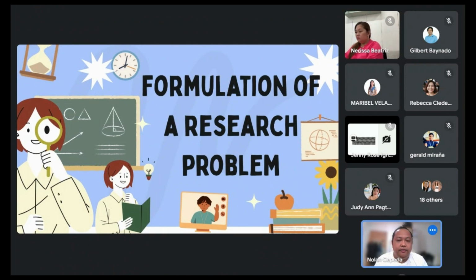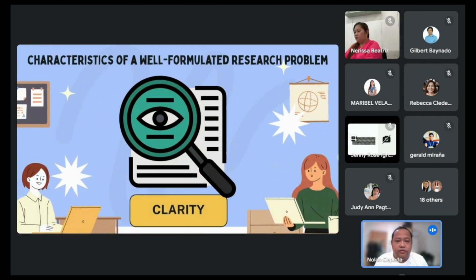So what are the characteristics of a well-formulated research problem? The first one is clarity.